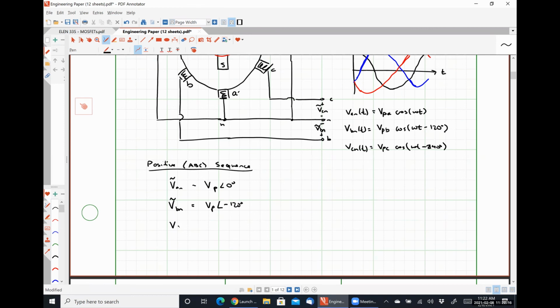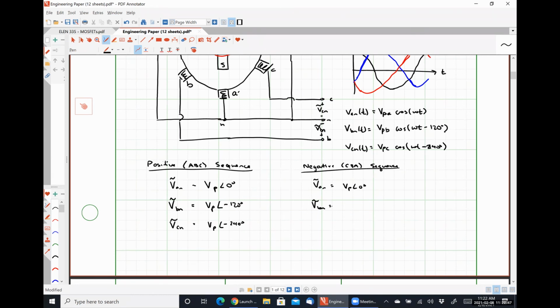And our C phase voltage is VP with an angle of negative 240 degrees. For a negative phase sequence, or CBA, our voltage generated, our VAN, is equal to VP angle 0.